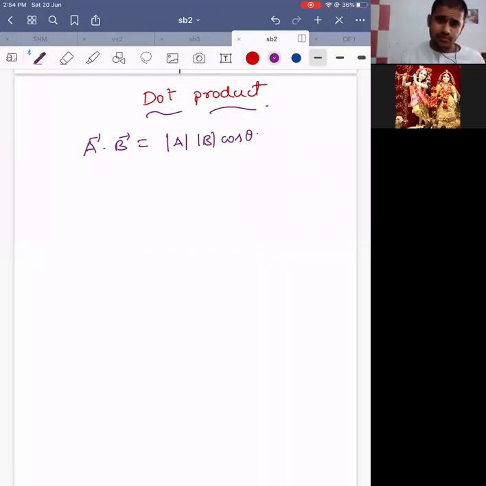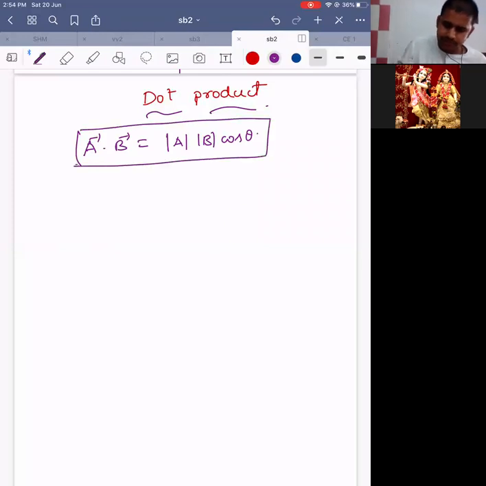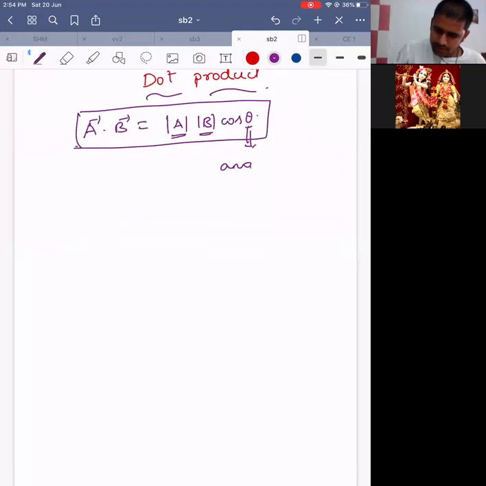What is mod a? It is the magnitude of a, mod b is the magnitude of b, and theta is the angle between a and b. Okay.